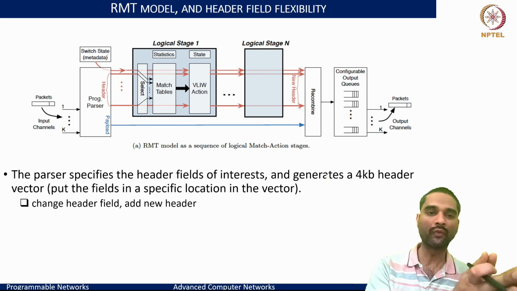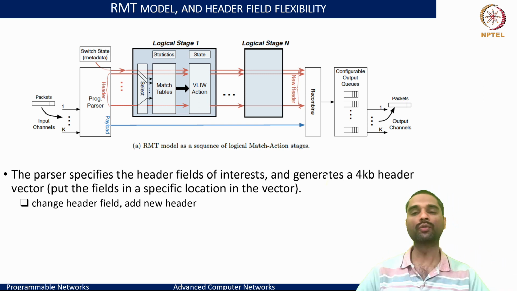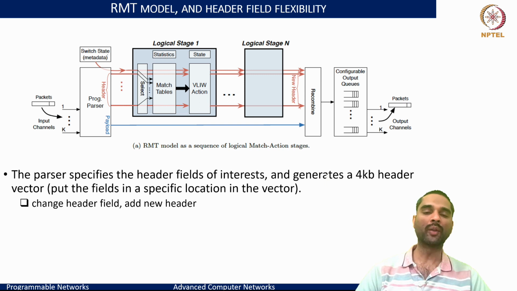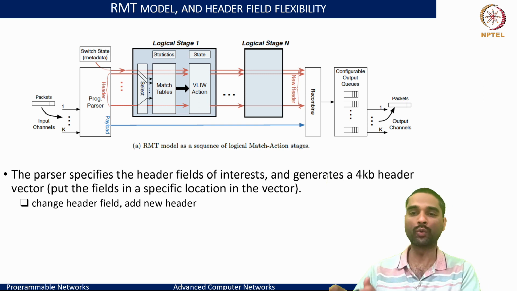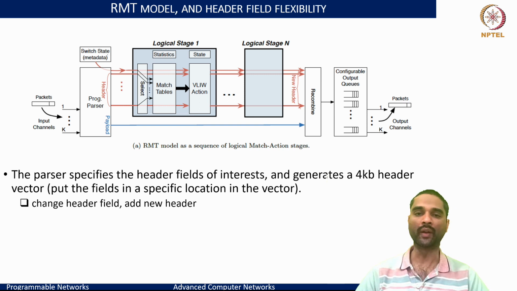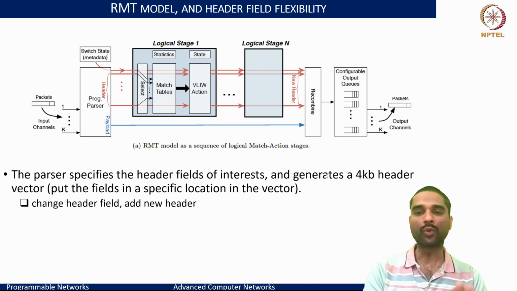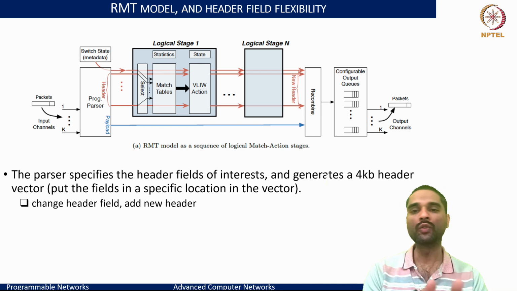And this header vector can be processed through these multiple pipelines of logical stages, where you want to do the match action and take specific actions as updating of the state and metadata of the packets as you progress and process the data. And once you process the data, you recombine the header with the payload.